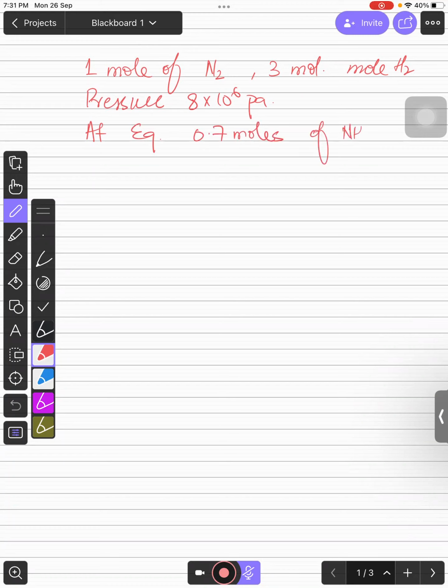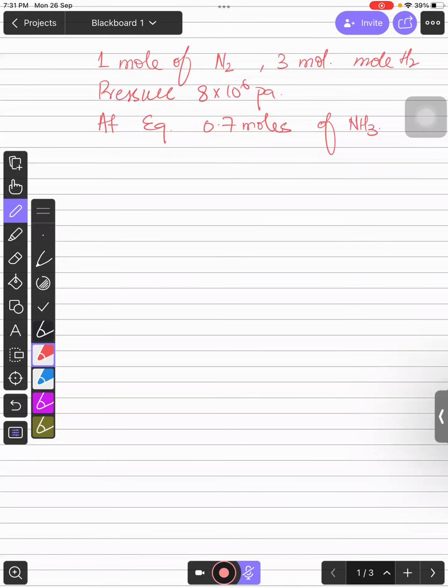So how can we solve this? If you are going to solve Kp questions, remember the same thing you are going to follow. Over here, we know that this is a complete equation, so we need to write this analytically. Then we know the ICE rule. This is initial, this is change, this is equilibrium. We are talking about the moles right now.